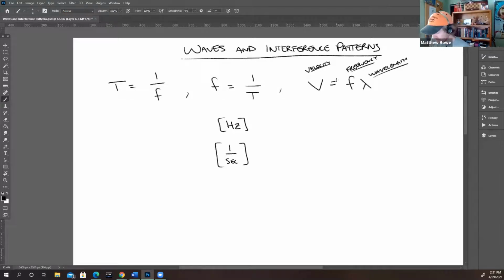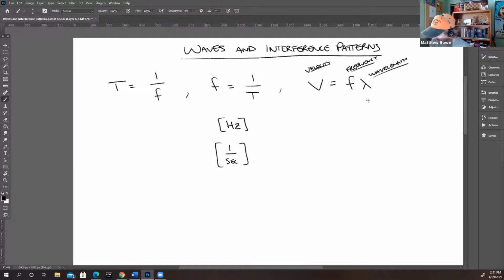Also, something to note about this equation is it might look like if I increase one of these two variables, say I kept frequency constant, but then I increased the wavelength, it looks like I could make the velocity faster. That's not true.